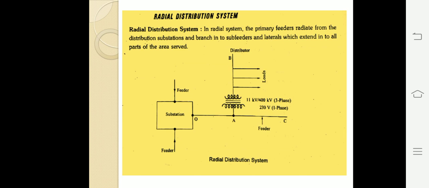See here, a number of feeders are connected to a particular substation, and from a particular feeder we are giving a distributor. From the distributor itself we are taking the tappings.